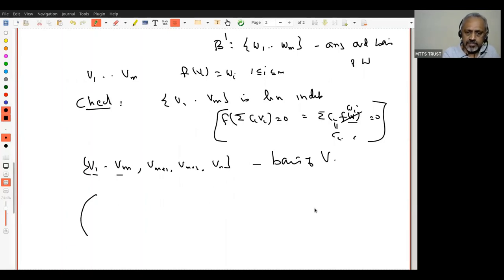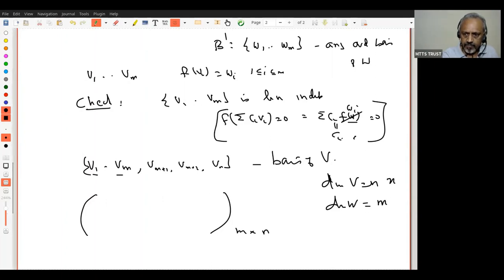Now what is the type of the matrix? Notice that this is a matrix of type M cross N, right? Where N is the dimension of V and M is the dimension of W. So this is going to be 1, 0, 0 up to M. You understand?